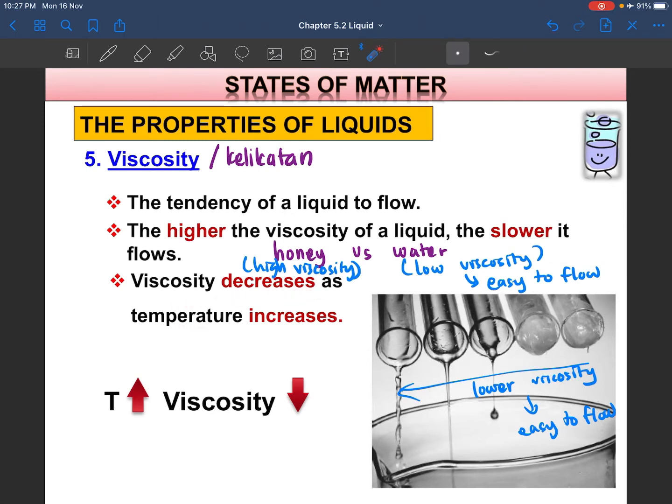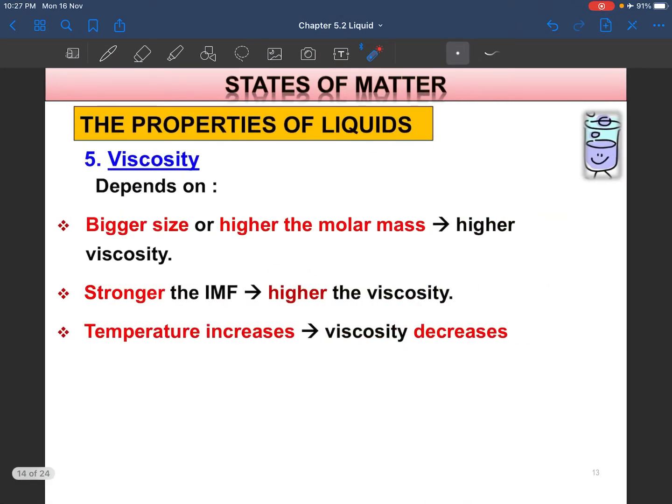Okay, so kenapa pula? Okay, so nak faham yang tu kita tengok yang belakang dulu. Okay, so viscosity depend on, okay, viscosity ni kenapa water easy to flow, kenapa honey tak easy to flow, dia ada reason di belakang dia. Okay, reason behind it adalah bigger size or higher molar mass, higher viscosity.